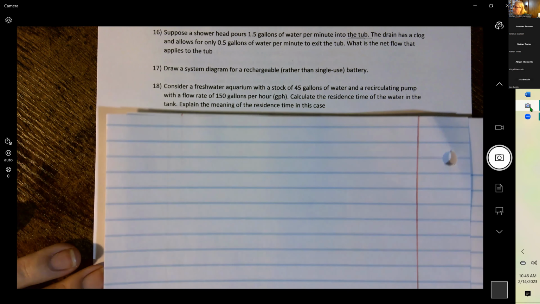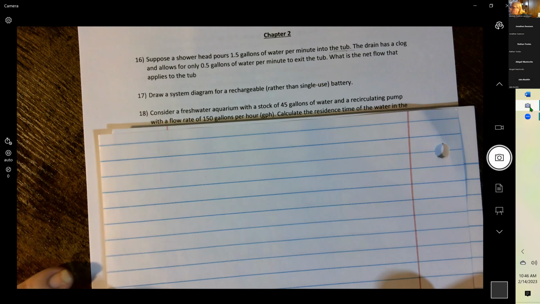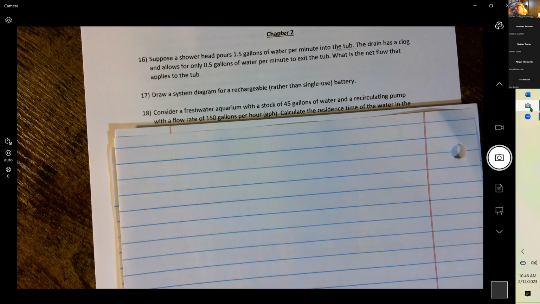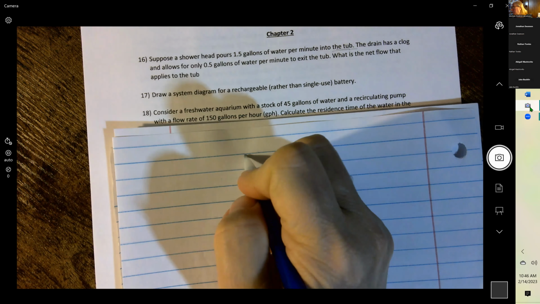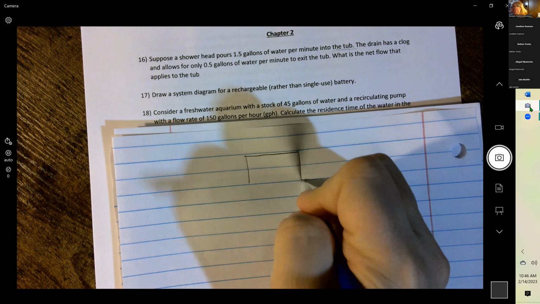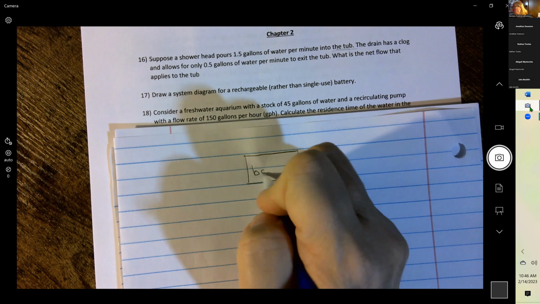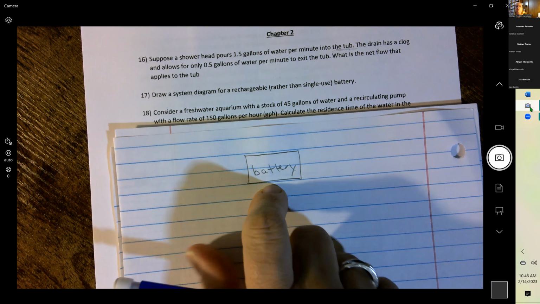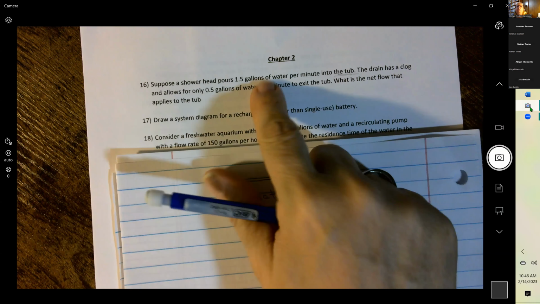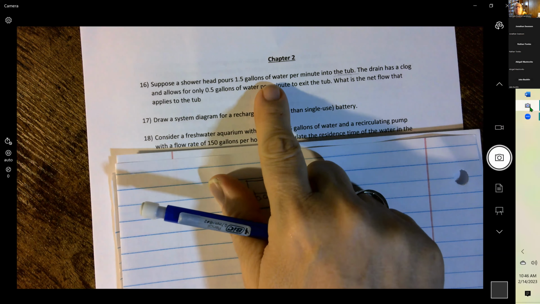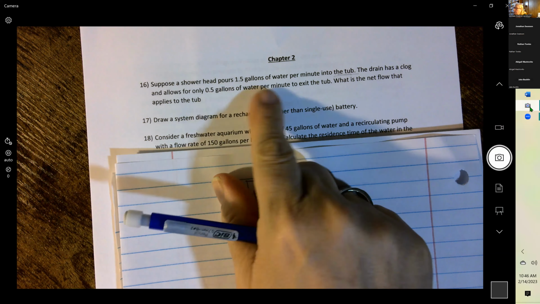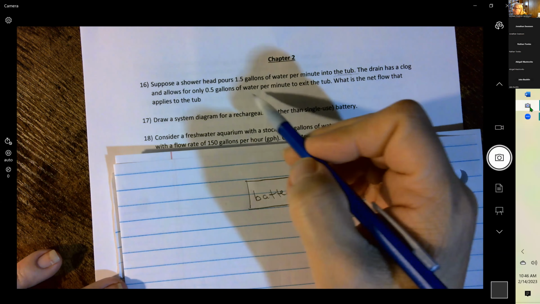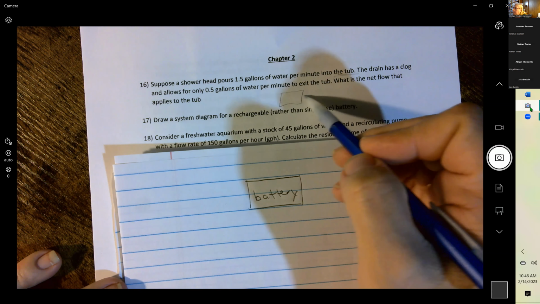Draw a system diagram for a rechargeable rather than a single-use battery. So if we have a battery, and we've drawn or at least looked at a lot of system diagrams, like the shower could also have one where you have the water going in and then you have your tub and the water going out.